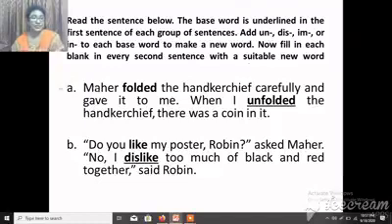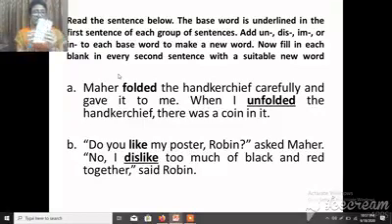Number A. Meher folded the handkerchief carefully and gave it to me. When I unfolded the handkerchief, there was a coin in it. What is folded? Okay, it's a paper, it's unfolded.